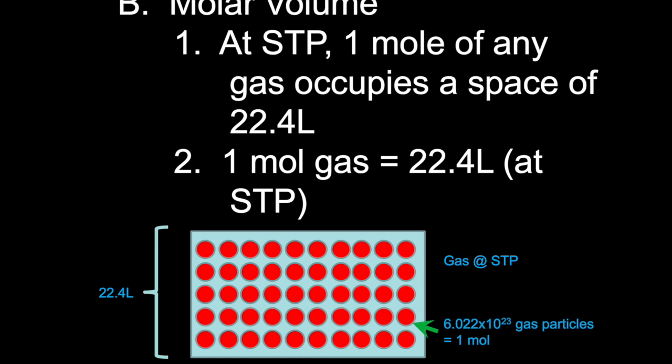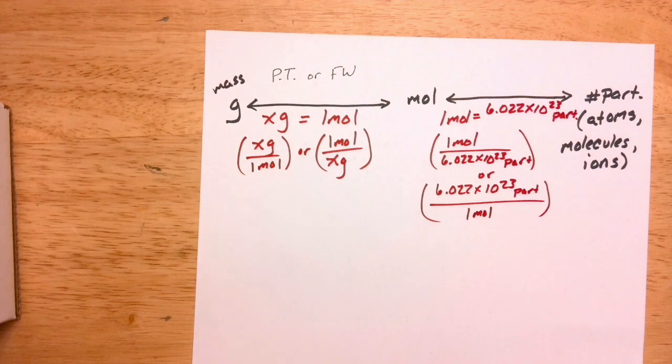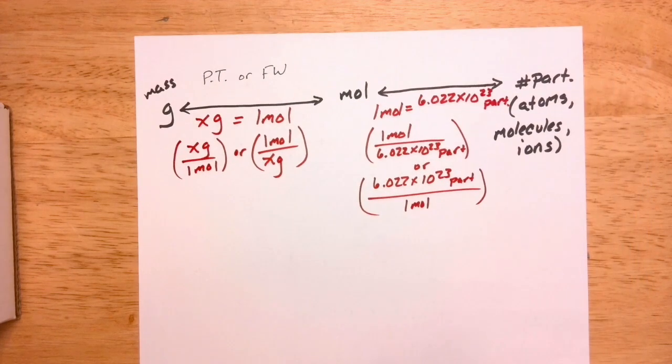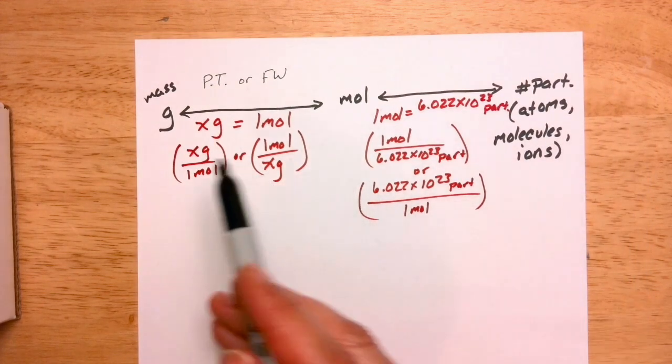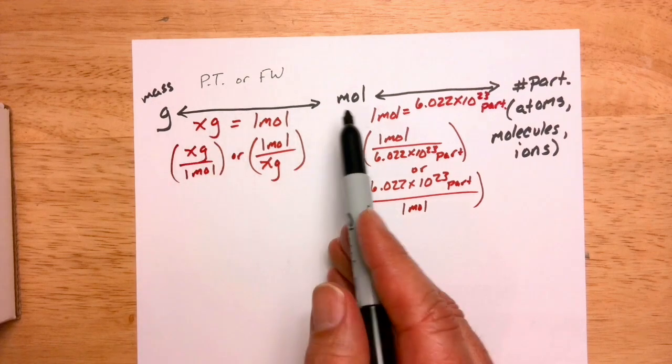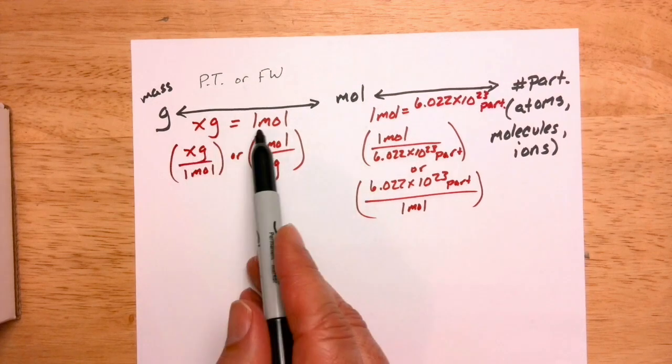But for now, all that you need to know is 1 mole of any gas occupies a space of 22.4 liters, which now is going to become another conversion unit: 1 mole of gas is equal to 22.4 liters at STP. One thing I would like for you to do is get your flowchart again. Just a reminder that for grams to moles, we need to use the conversion where X number of grams is equal to 1 mole.